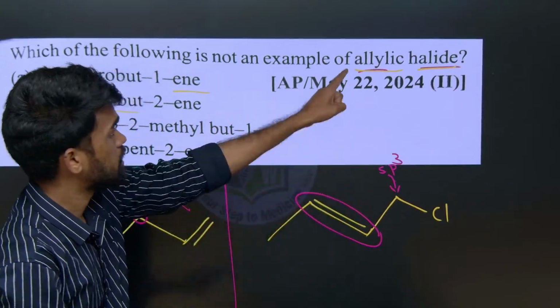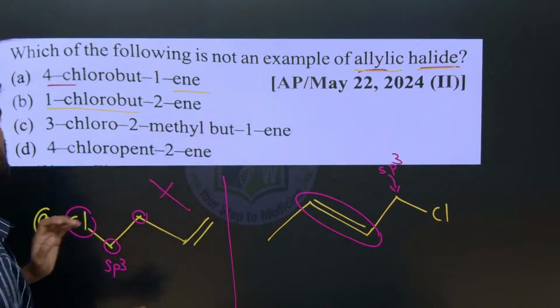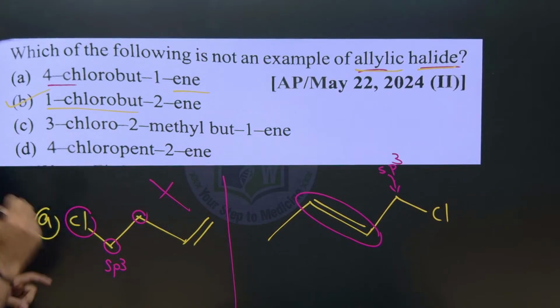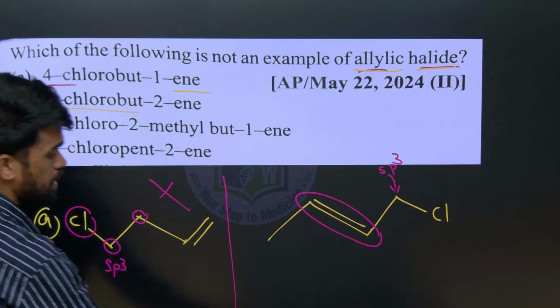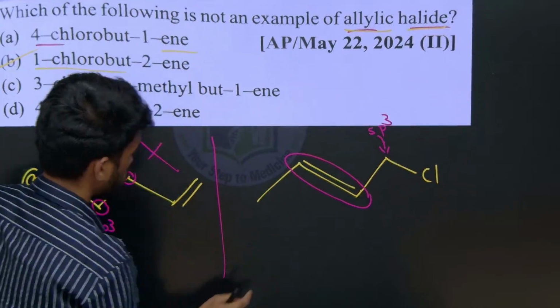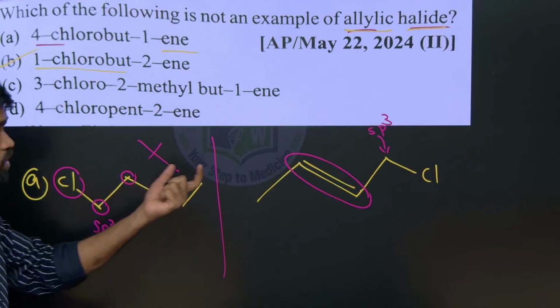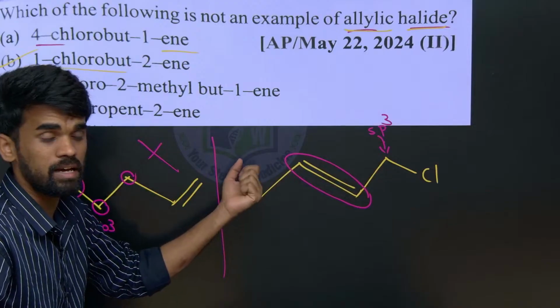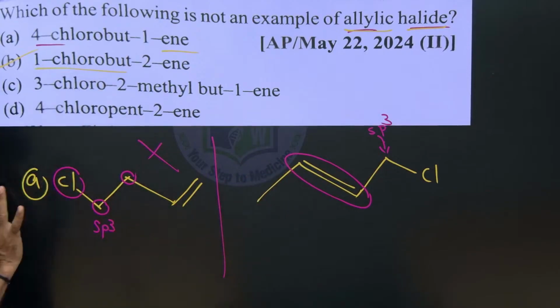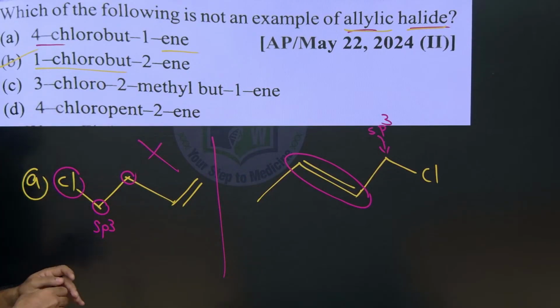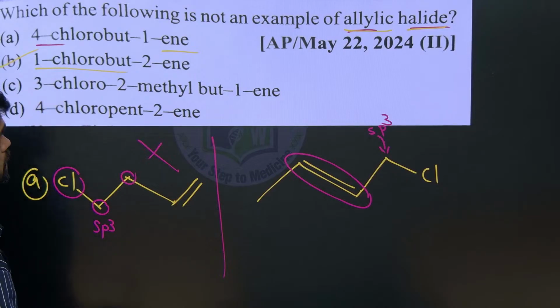This is an example of allylic halide, so you can go with this option. Now try option C also. I hope you got the difference between allylic, vinylic and normal halogen compounds.